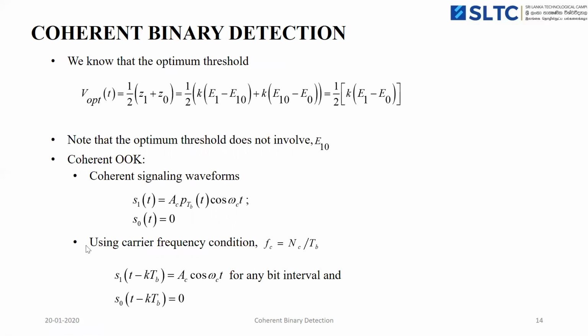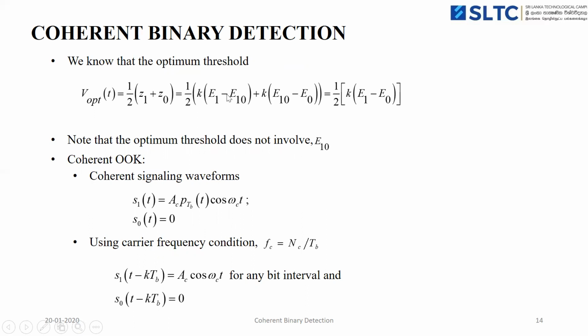Now we can take the optimum threshold equation, V of T equal to 1 by 2 (Z1 plus Z0). Now substitute the expressions for Z1 and Z0. So 1 by 2 of K of (E1 minus E1 0) for Z1, plus K of (E1 0 minus E0) for Z0.